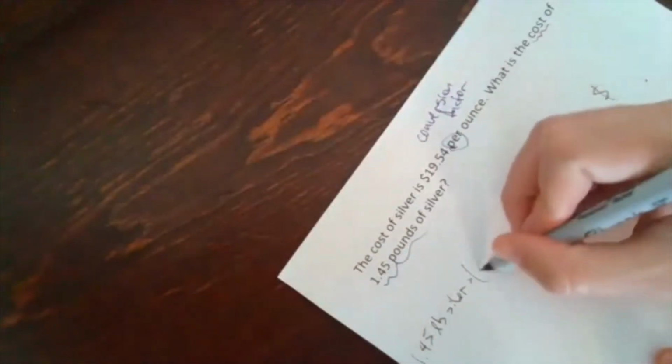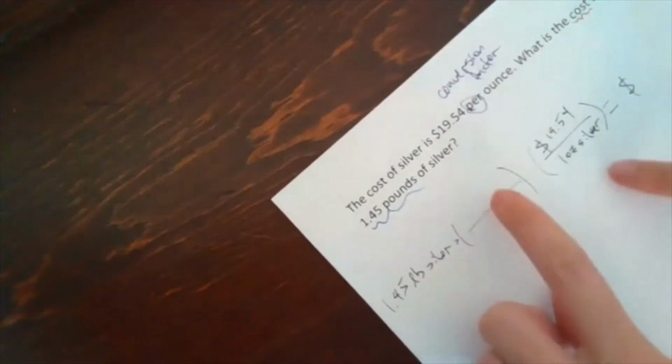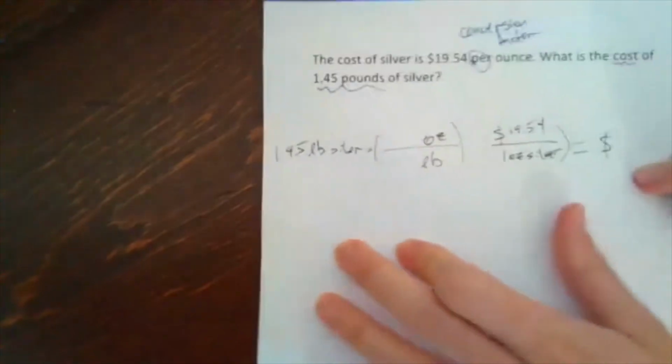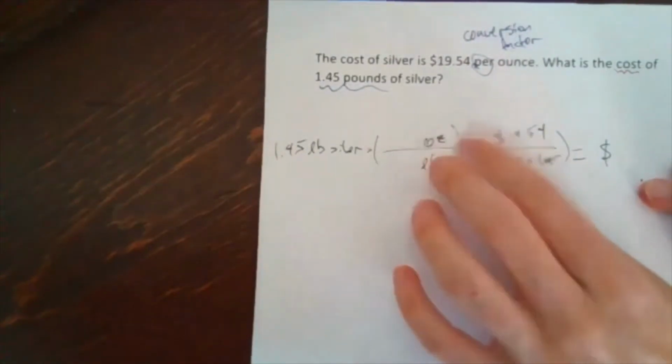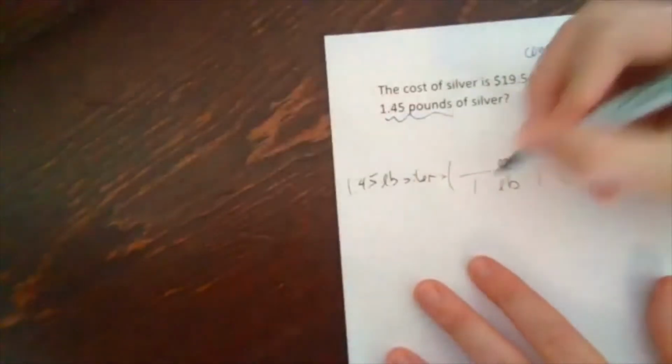So then the question becomes, now that we're using our equivalence, how can I put in this relationship? I know I need to get rid of the pounds, so I need to go into ounces. How can I relate those? You may know it. It is a customary conversion that's just the definition, that 1 pound is 16 ounces.